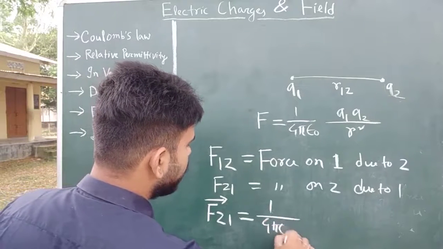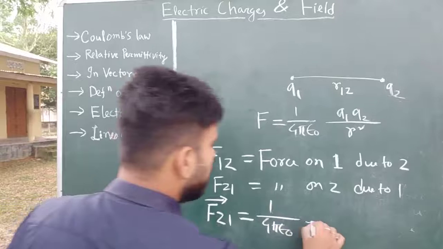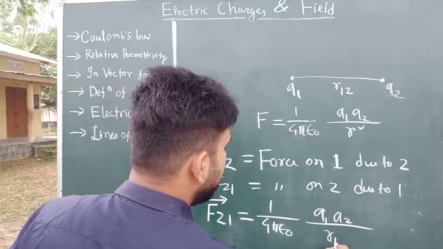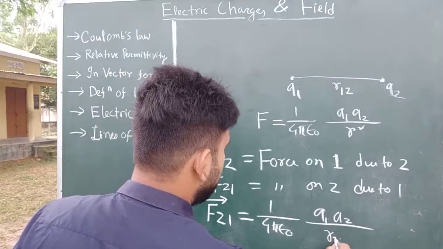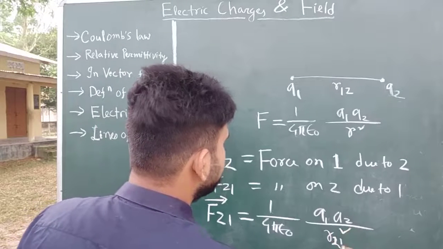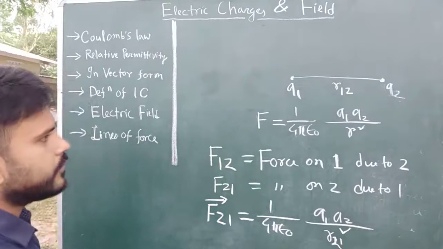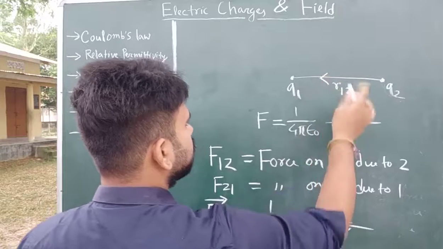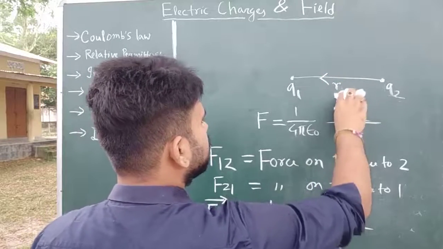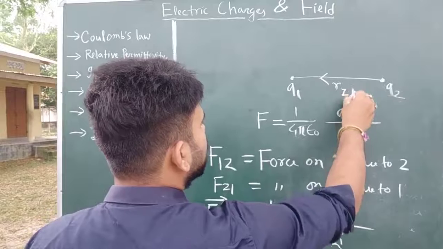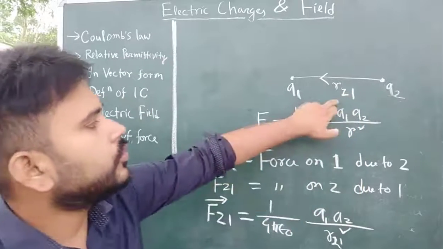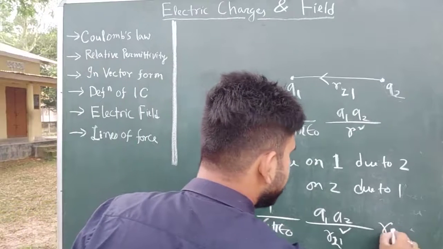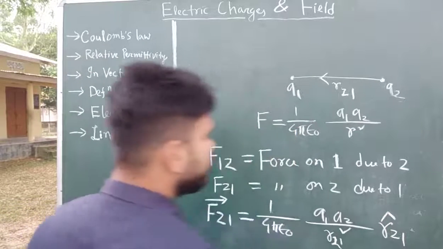F21 will be 1 by 4 pi epsilon Q1 Q2 divided by R21 whole square, where R21 is the position vector of Q2 with respect to Q1, times R21 cap.